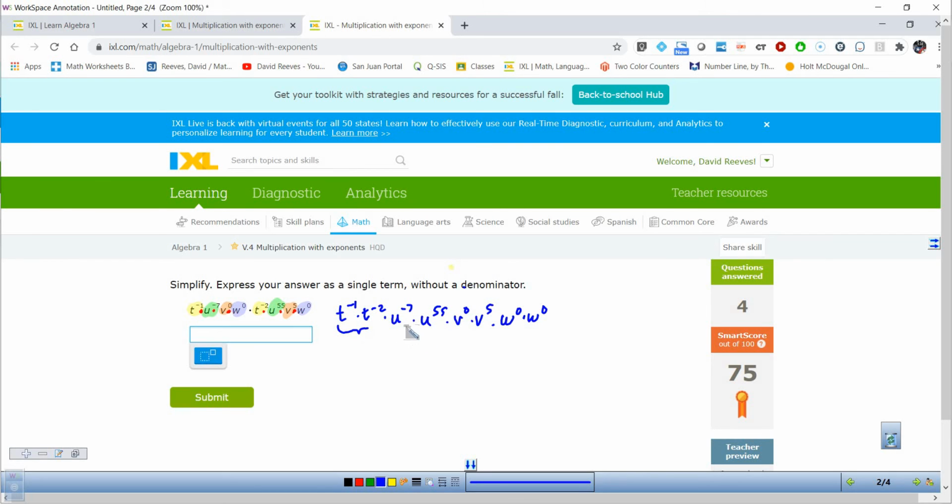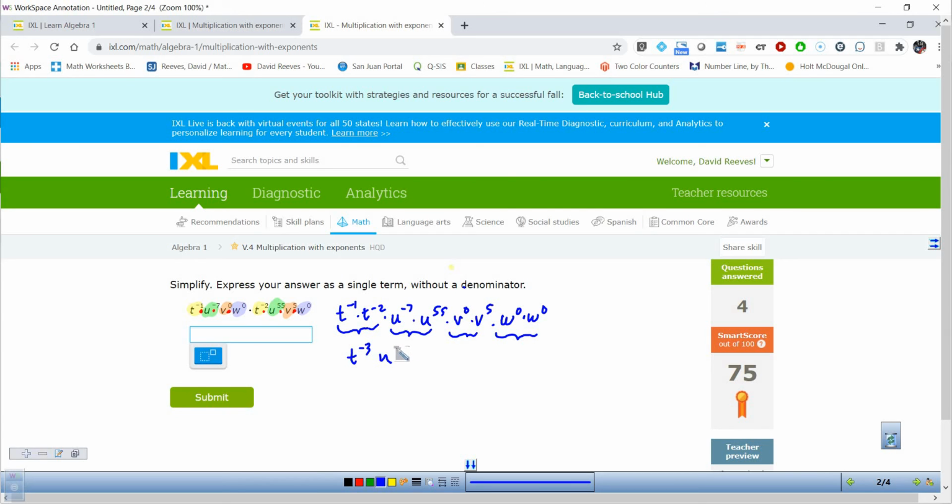So I'm going to put these two together. I'm going to put these two together. I'm going to put these two together. And I'm going to put these two together. All right, so what's that going to give me? T to the -3. U, let's see here, -7 plus 55. What do I have more of? Positives.